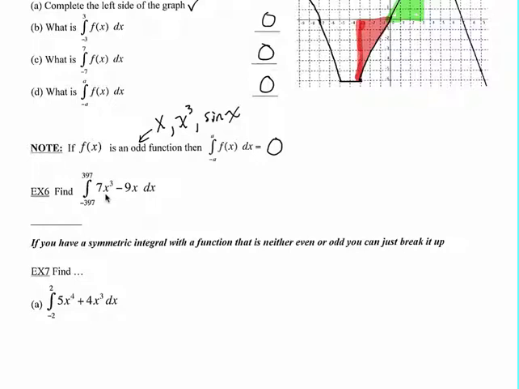So this integral, we can think about it as being the integral from negative 397 up to positive 397 of 7x to the third, 7x to the third being an odd function, minus the integral from negative 397 up to positive 397 of 9x.